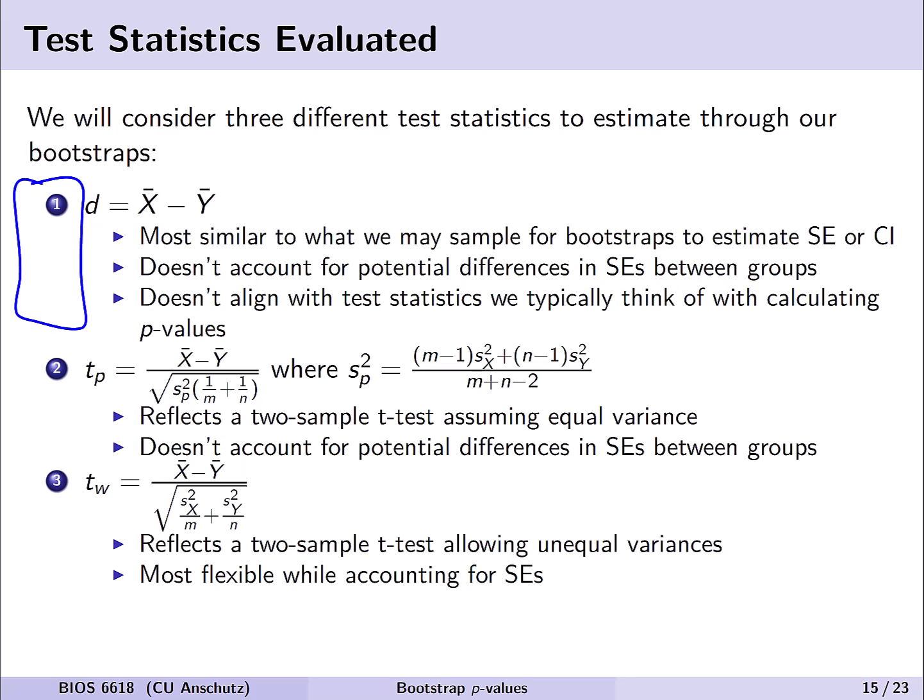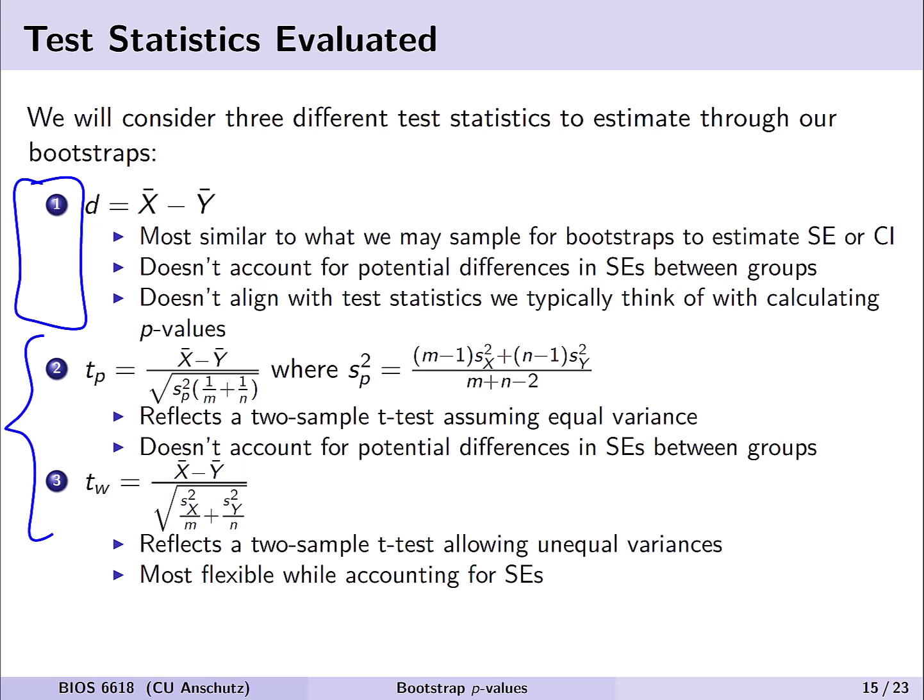Those are more of 2 and 3. And in fact, in options 2 and 3, what we're really proposing from Boos and Stefanski is just the t-statistic we calculate to do a 2-sample t-test. But in option 2, we're assuming a pooled or equal variance assumption, which reflects that 2-sample t-test of equal variances, which still doesn't actually account for potential differences in those standard errors between groups, or rather the differences in standard deviations, compared to then option 3, which is the most flexible, where we allow there to be unequal variances in our t-statistic.